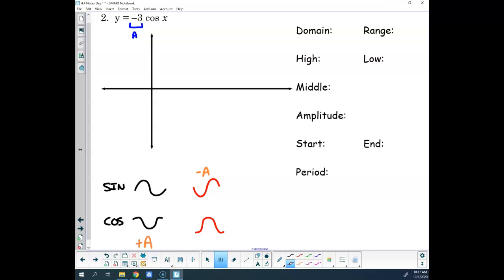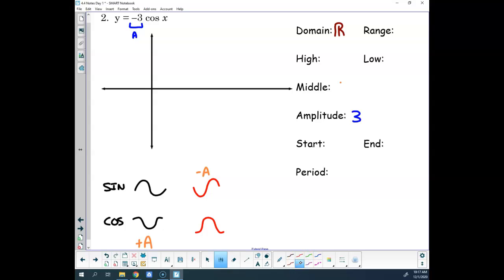So the domain of our function is still going to be all real. Amplitude of our function is going to be 3. It's the absolute value. It's a distance. The absolute value of that A. No other shifts.